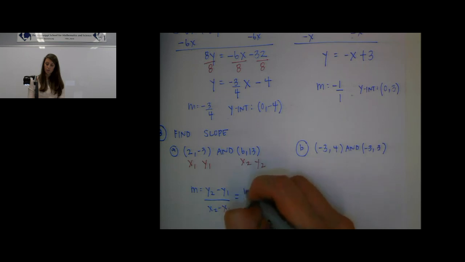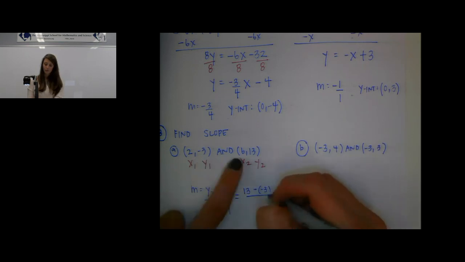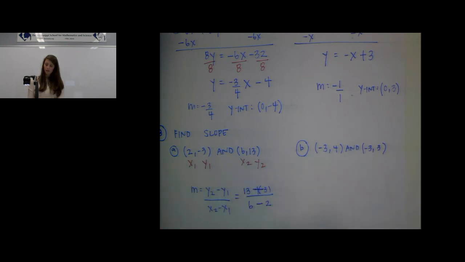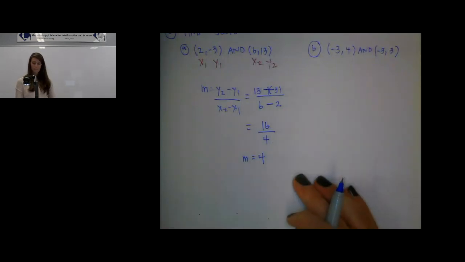So 13 minus -3 all over 6 minus 2. So 13 minus -3 turns into a positive, so that's a 16. And 6 minus 2 is a 4. So 16 over 4 is going to give me a +4 slope. Good?